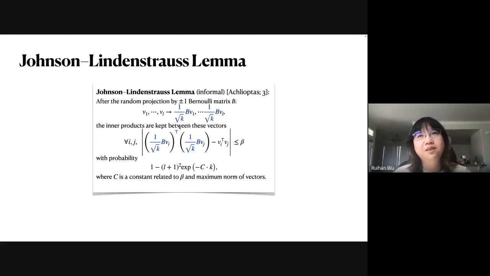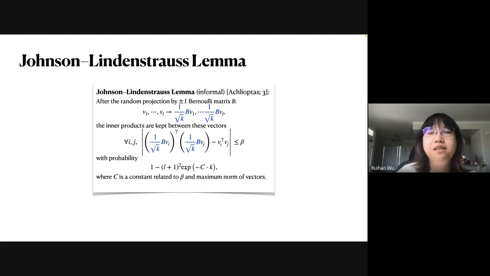For any pair of i and j, the inner product between Vi and Vj wouldn't be different a lot from the projected vectors.